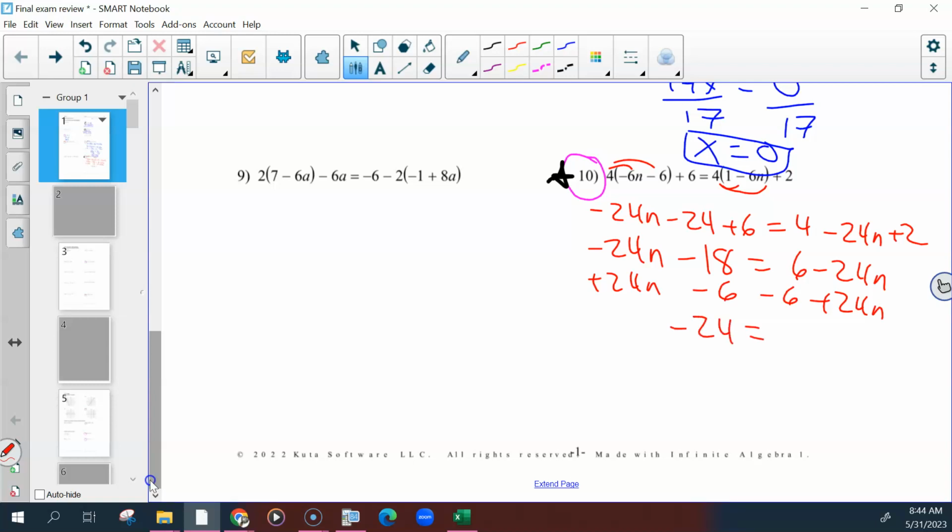But our n's would completely cancel, so the no solution we were talking about, that would be this one. Our variables we don't have anymore. These two numbers do not equal each other, so this is no solution. Question so far?